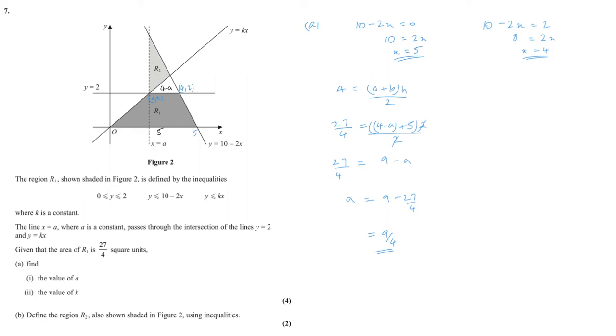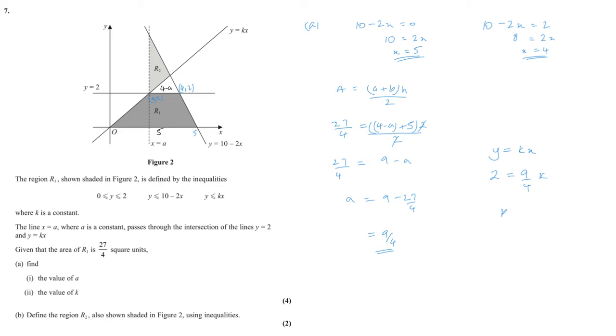Now that I've got a, I can go ahead and work out k. So this line here goes through this coordinate. So y equals kx. It crosses the coordinate 9 over 4, 2. So when y is 2, x is 9 over 4, and that's times by k.